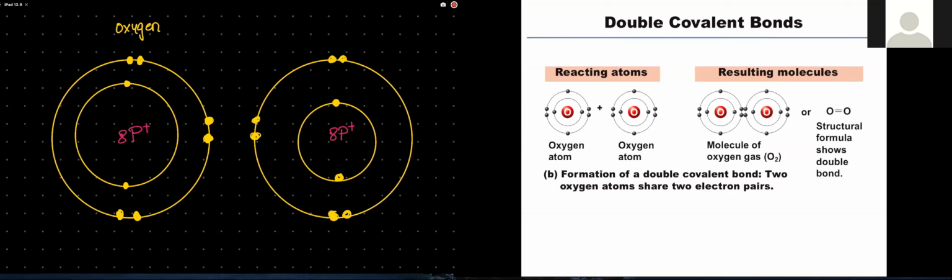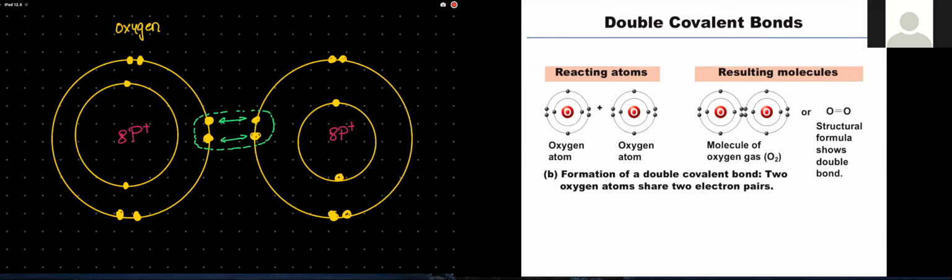Still needs 2 electrons to become chemically stable. So what we're going to do, we're going to be making a deal. How about I give you 2 of my electrons to rotate around your nucleus, and you give me 2 of yours to rotate around my nucleus. So we're going to be sharing those electrons for me and you to become chemically stable.